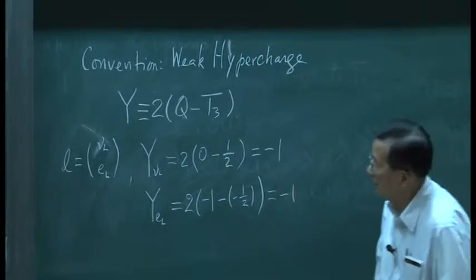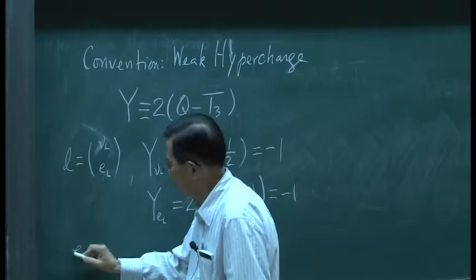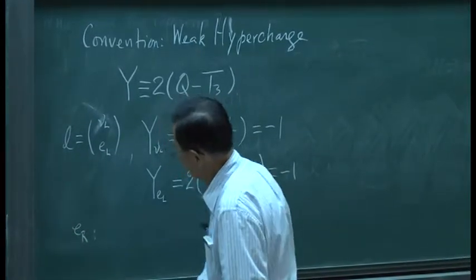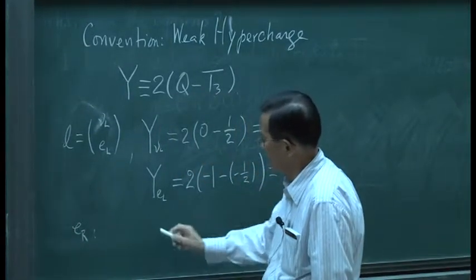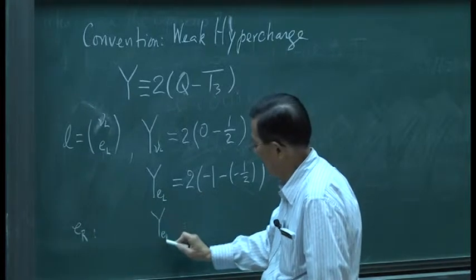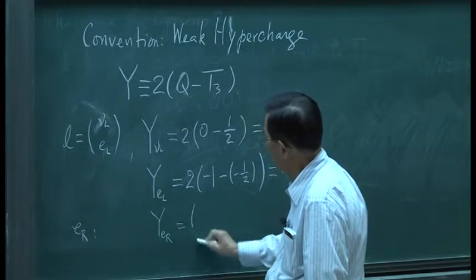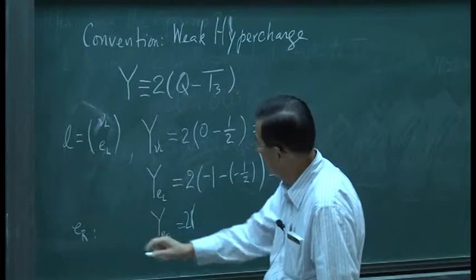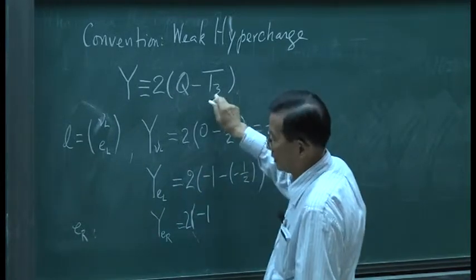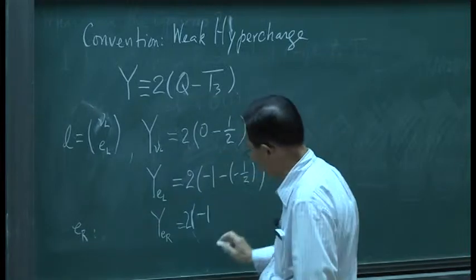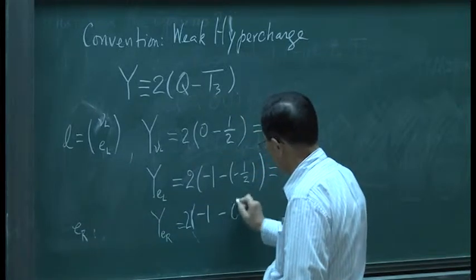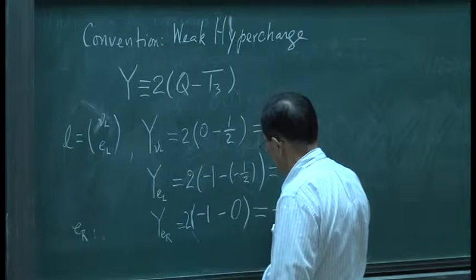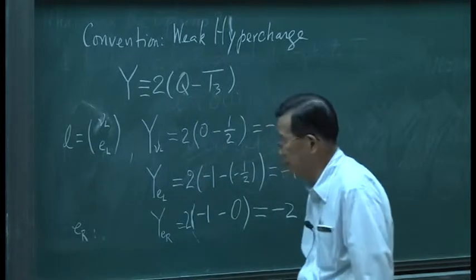Yeah. Now how about the electron singlet? 2Q equal to -2, but T3 equal to 0 because it's a singlet, so it's -2.